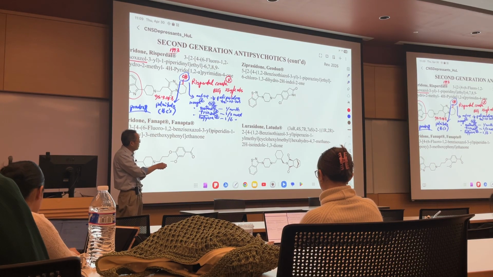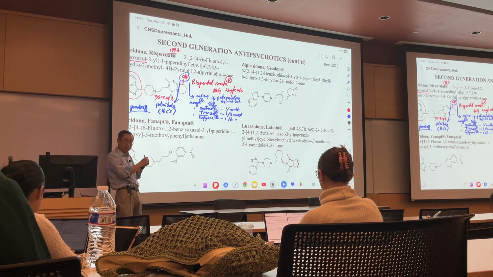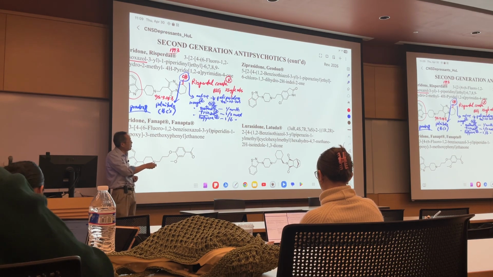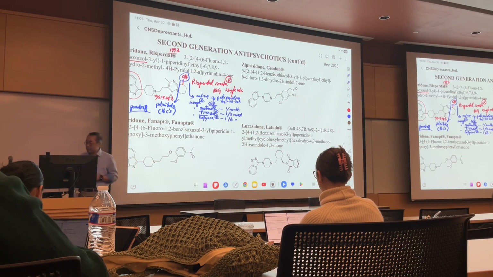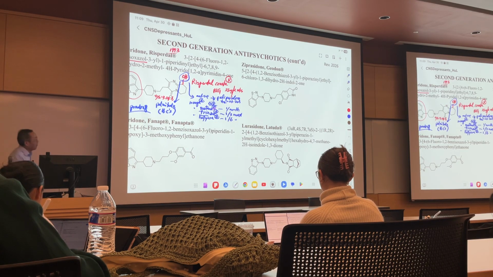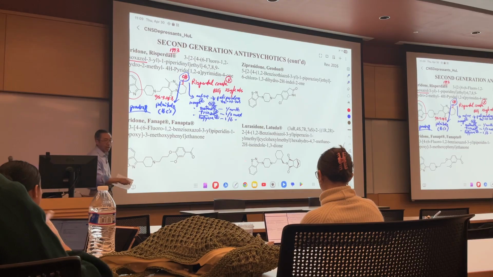So iso means the heteroatoms are next to each other, because it's 1,2, so it's isothiazole. If it's 1,3, that's just thiazole. But in this case, the nitrogen and the sulfur are next to each other. So these two are in the same category.